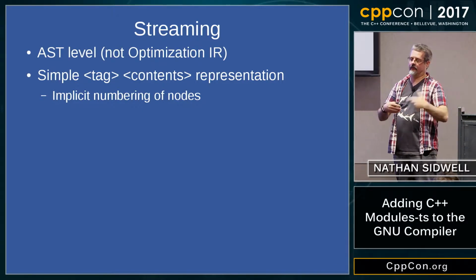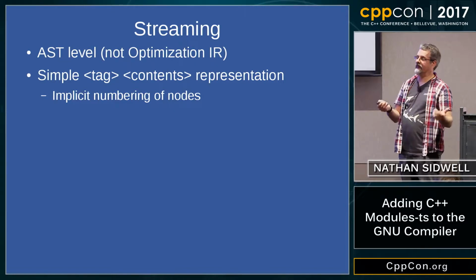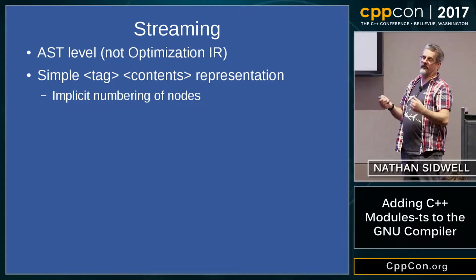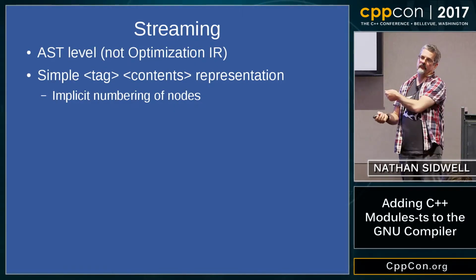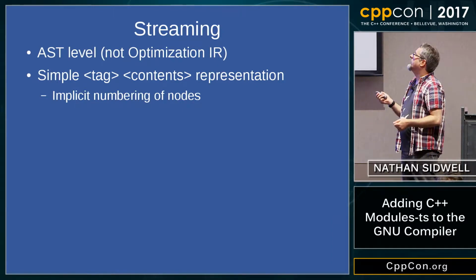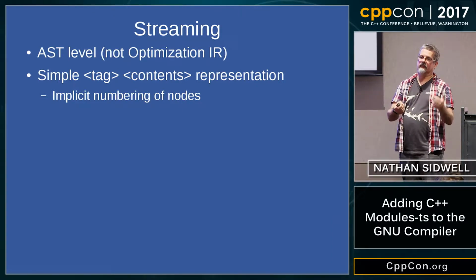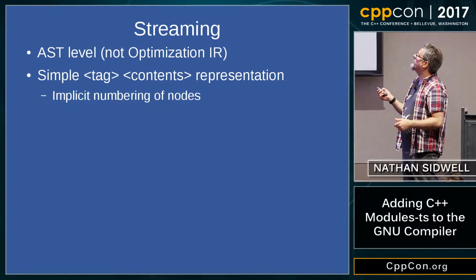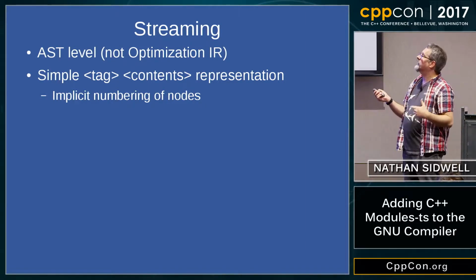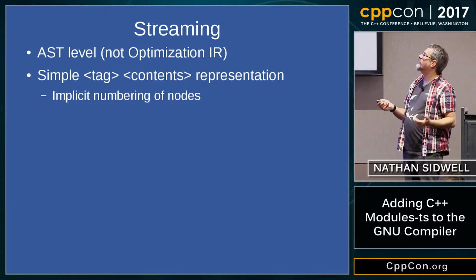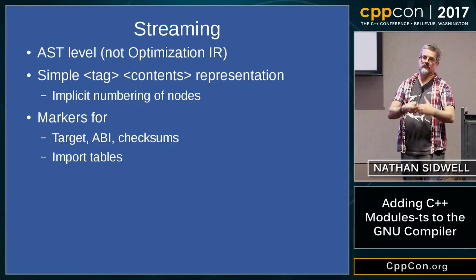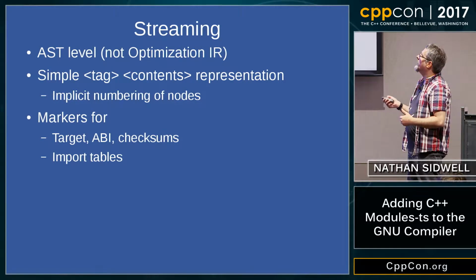It's going to have loops in it and I need to know back references. So I implicitly number these as I stream them out, so I only have to do it in one pass. It's like Lisp pretty printing, but a single pass thing. Then some of these tags, if they're not in the range of numbers for back reference, are going to be an actual contents and have contents.